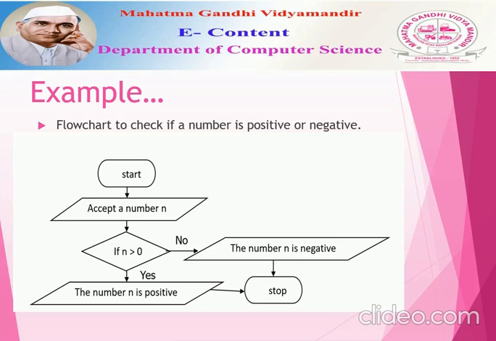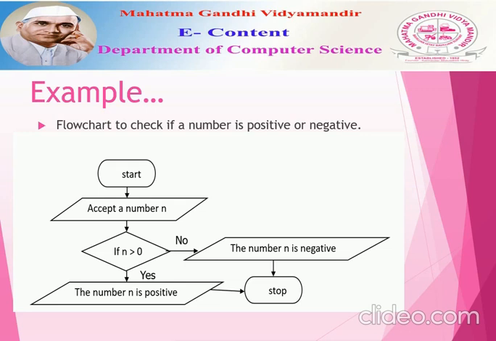So again we have to give the start symbol, in a rounded bracket. Then we have to accept a number n, right? So this is your input symbol we have written over here. Then we have to check the condition.